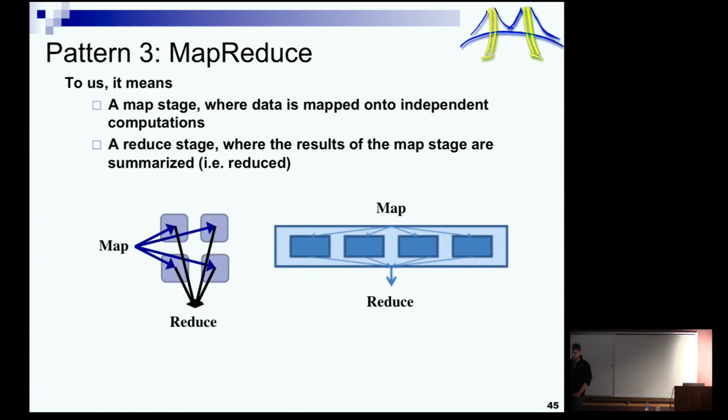Then for each data element in your list, you perform that function. And then that's passed into a reduction stage where you define how the data is reduced. Maybe it's summed or you do a max function or something like that. So this is incredibly common, but can you think of some applications that look like this at a very high level?